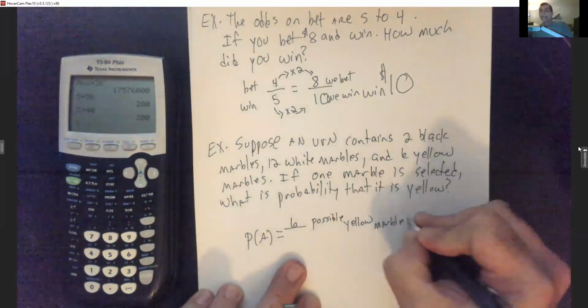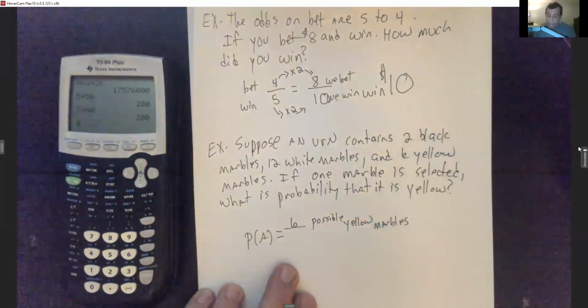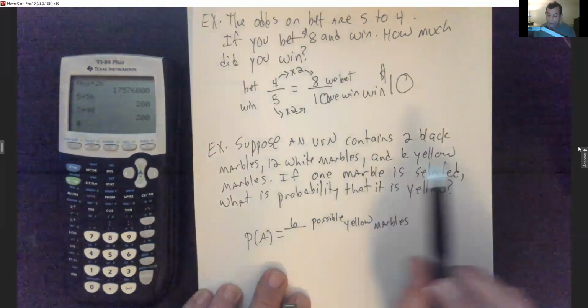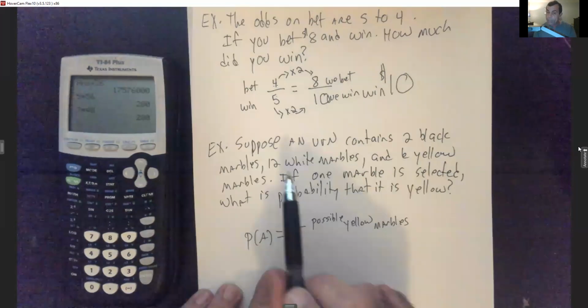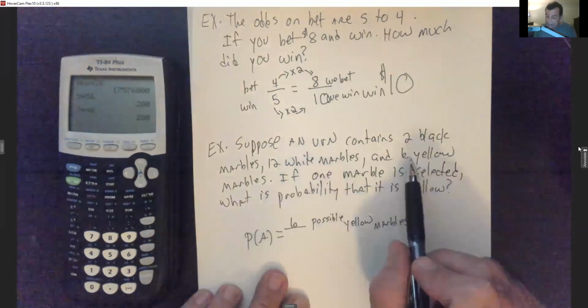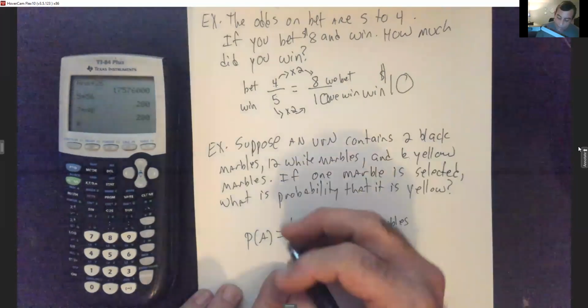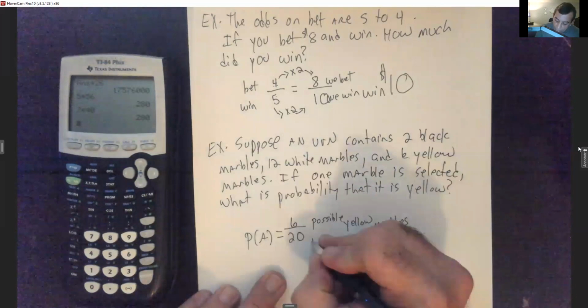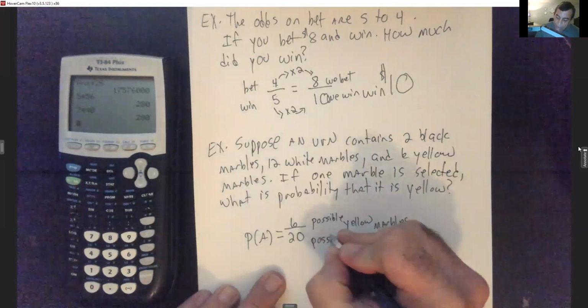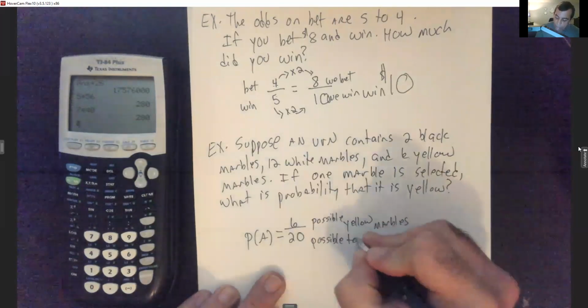And then we divide that by the total amount of marbles, which is 2 plus 12 is what, 14? 14 plus 6 gives me 20. So 6 out of 20 of them marbles were yellow. And then this was the possible total marbles.